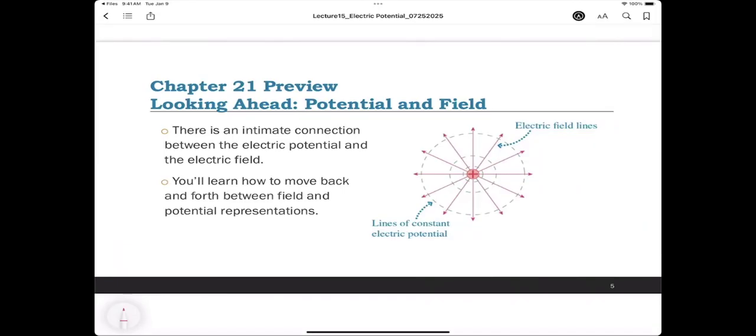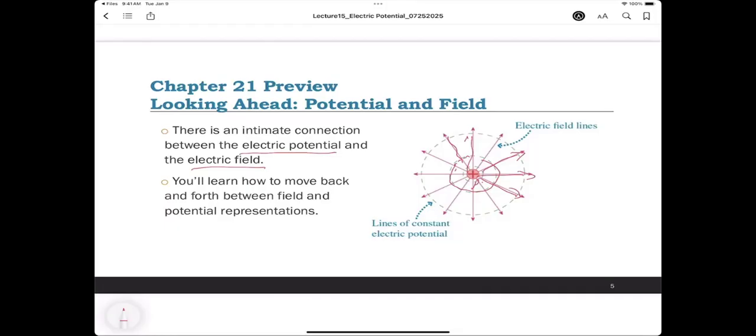We have already learned the electric field. For this positive charge, the electric field is just like this, and the electric potential is just like the green lines here. We will learn how to move back and forth between field and potential representations in this chapter.